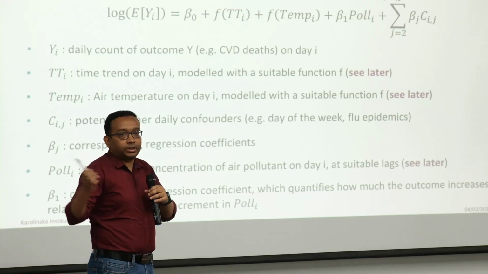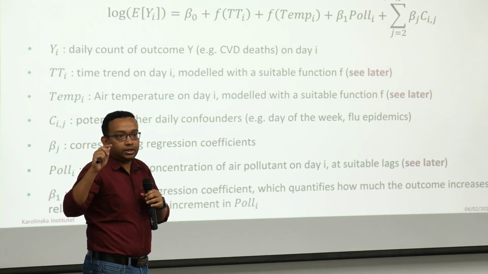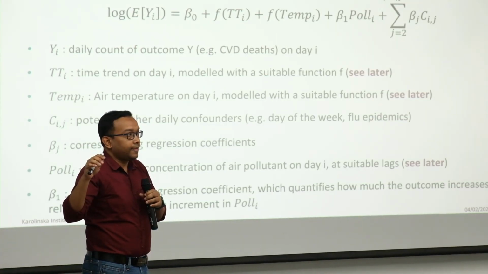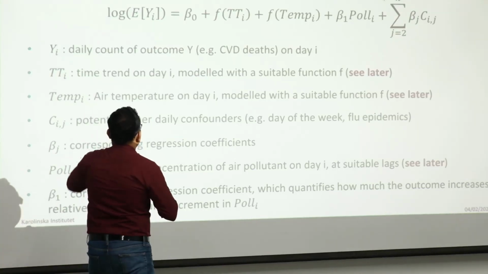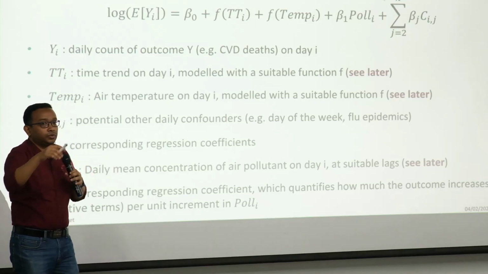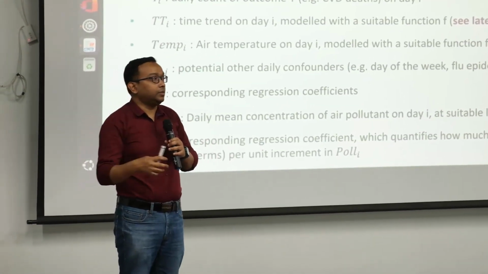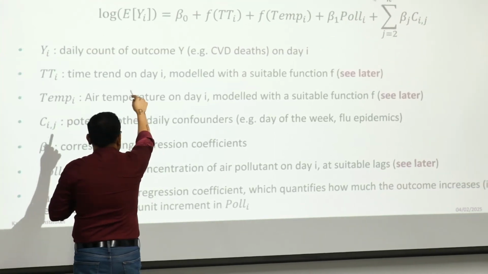We will do a Poisson regression, because we are modeling the log of what? The log of counts. This is the expected value of Y, the average number of deaths, and we take the log of that because we want to do a linear regression. Y is always positive, with number of deaths 0 or more. So that's why the log.